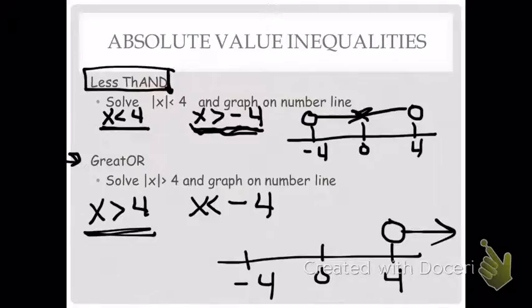Then for -4, open circle. Pick a number that would be less than -4: -5, -6. So if the inequality symbol is greater, it's going to look like an or, where the arrows go out from each other.